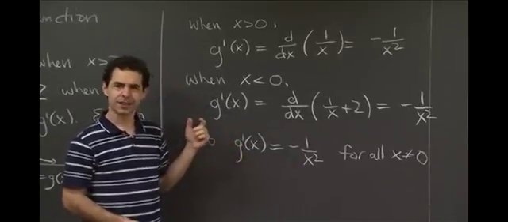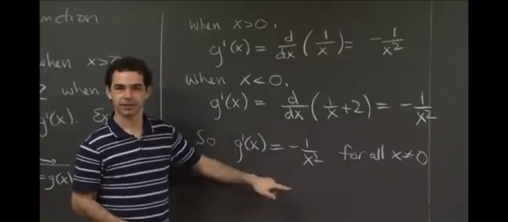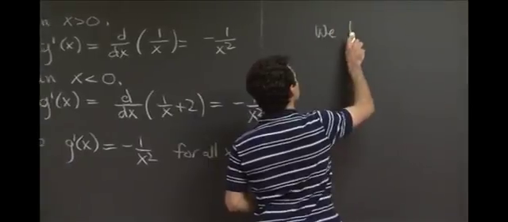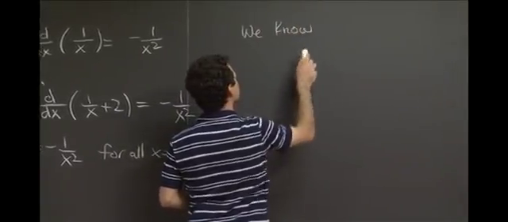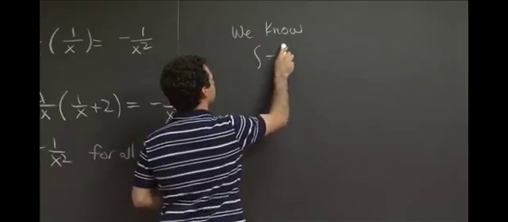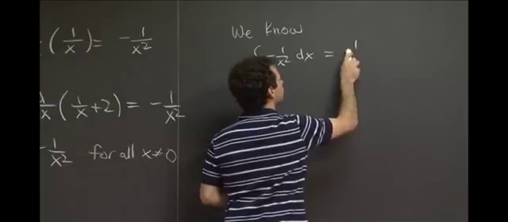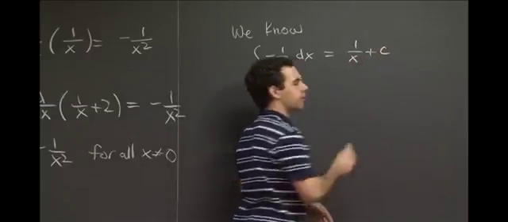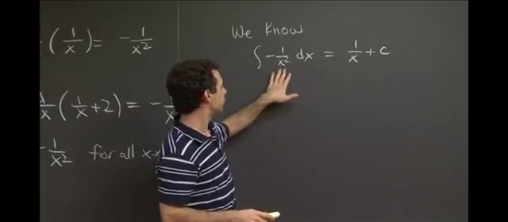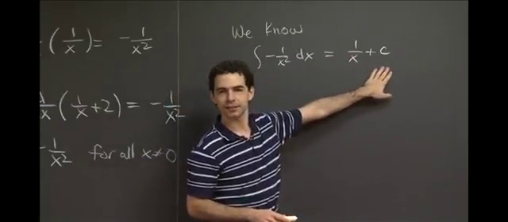Now, the thing is, we've learned what the antiderivative of this function is. So we know that the antiderivative of minus 1 over x squared dx is 1 over x plus a constant. So we know that the functions whose derivative is minus 1 over x squared are of the form 1 over x plus a constant.